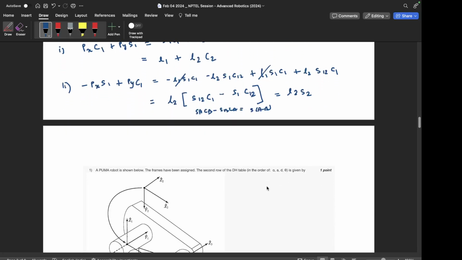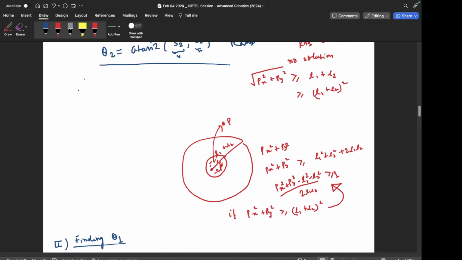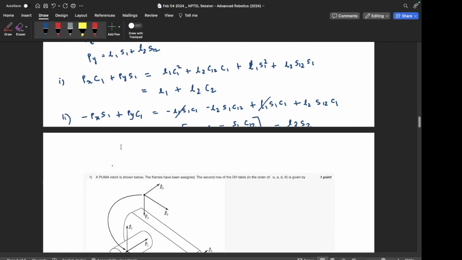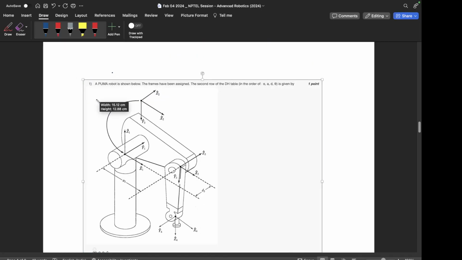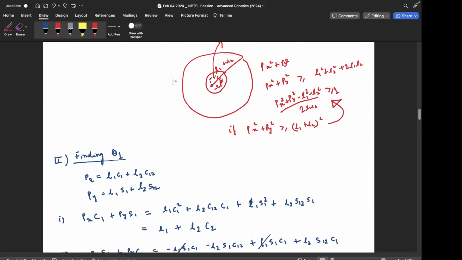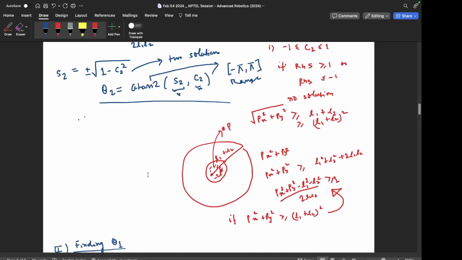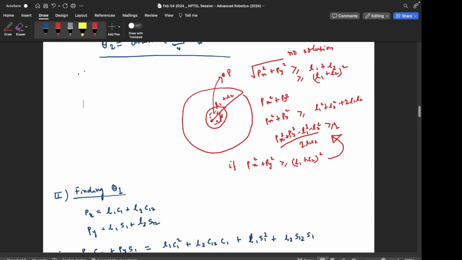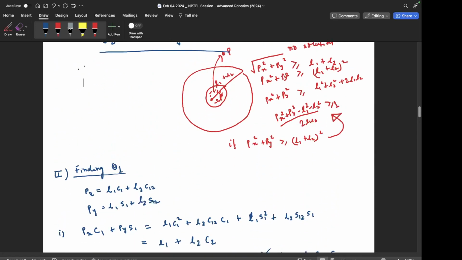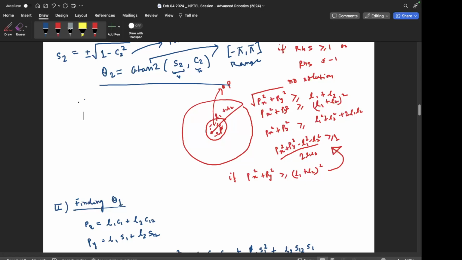Okay, so we make some space here. Okay, this works a little bit weirdly.